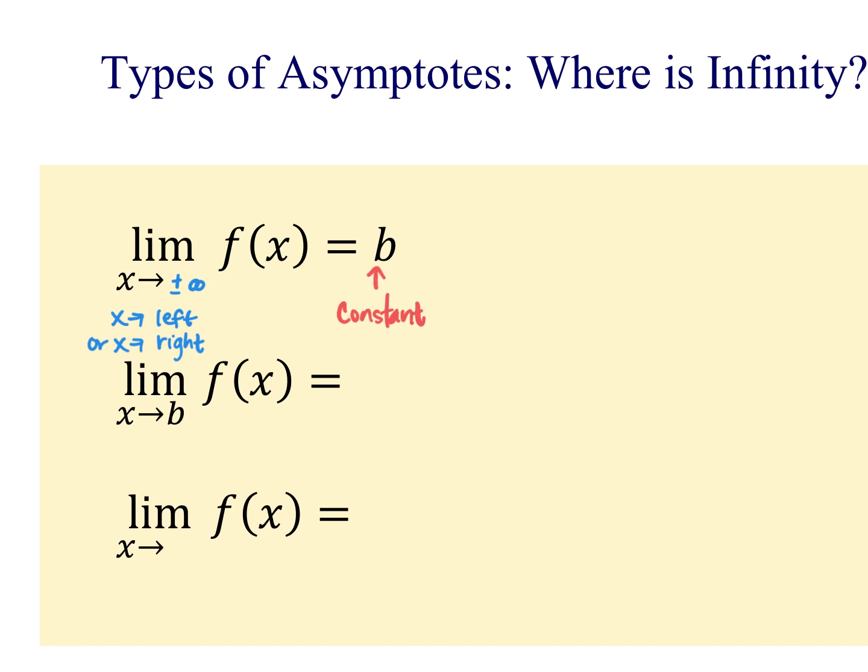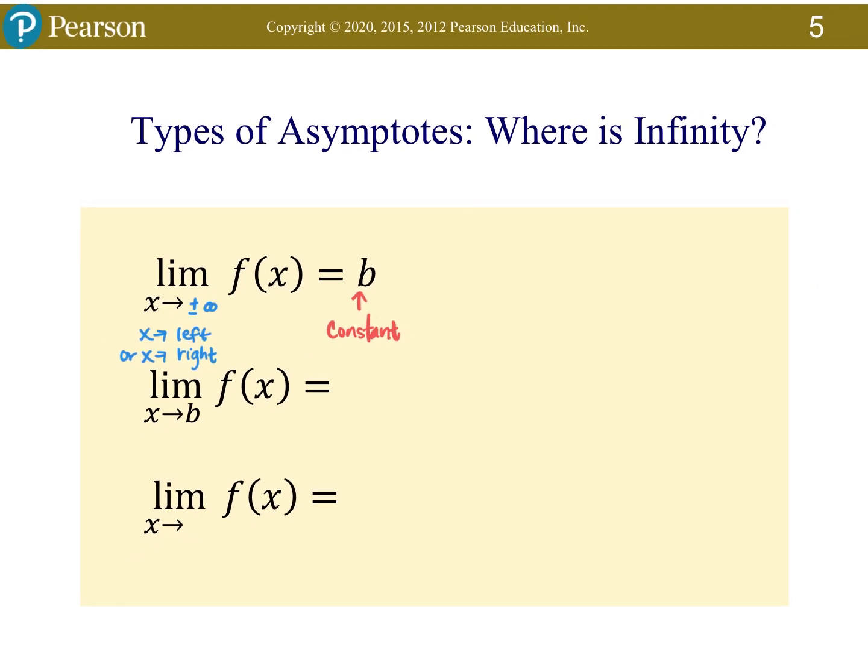Your graph is approaching, and what we call that is a horizontal asymptote. So that version is going to produce a horizontal asymptote.